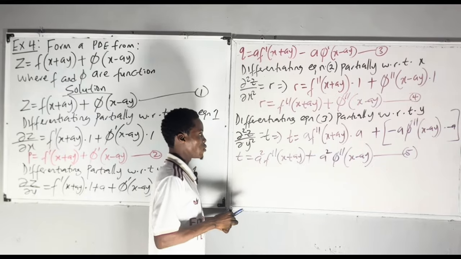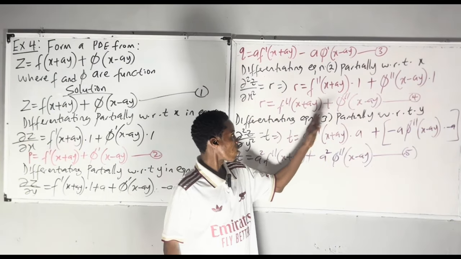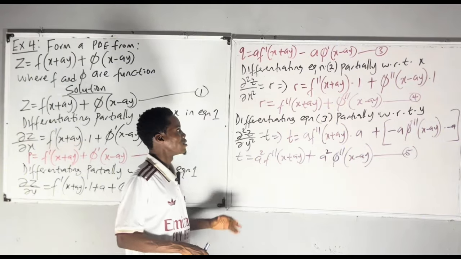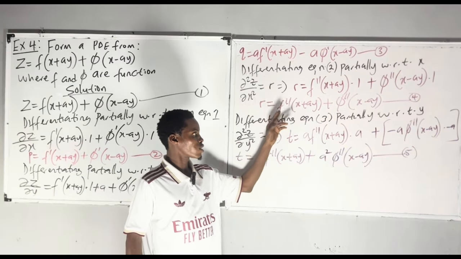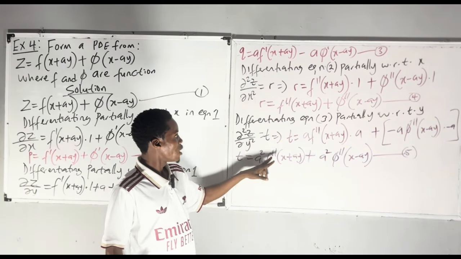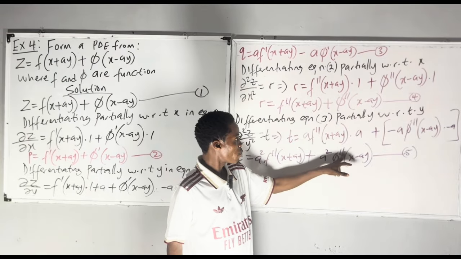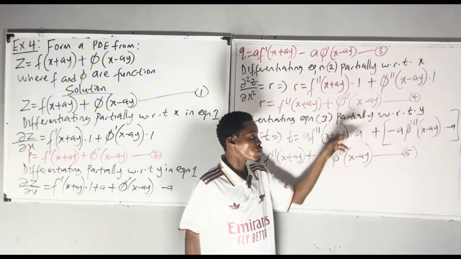So you can see that in equation 4, I got this. By comparing equation 4 and equation 5, f prime prime (x + ay) plus phi prime prime (x − ay) are present in both 4 and 5.